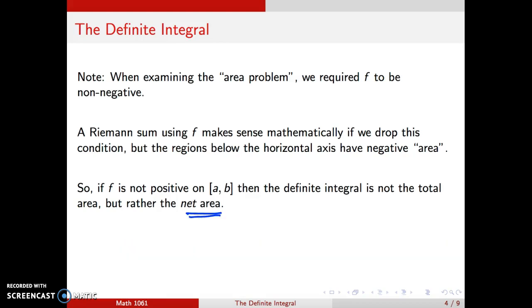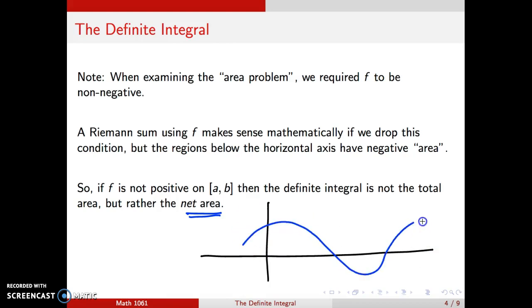Let me do a little sketch of what's going on here real quick. If I had maybe a function like this, I'm going from a to b. My definite integral is going to involve 3 different parts.